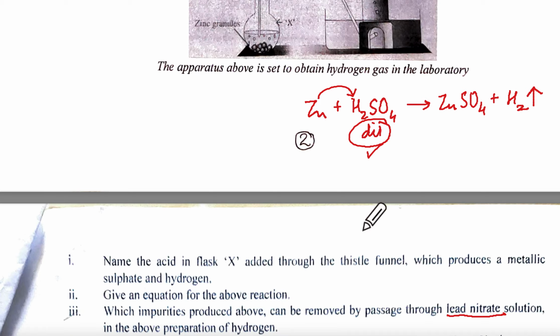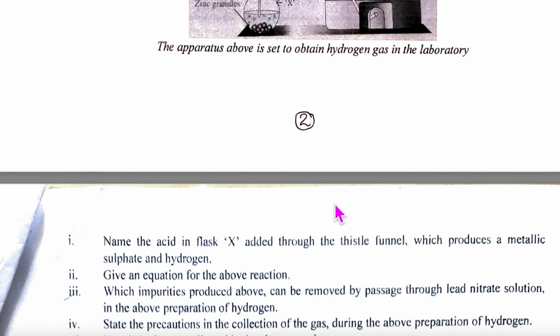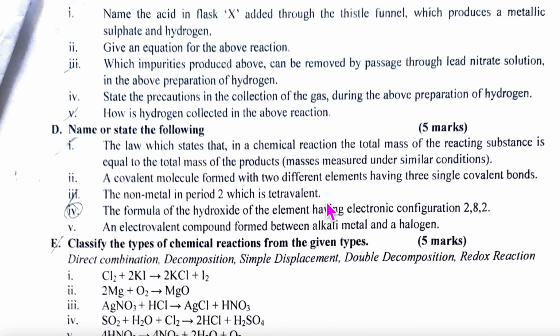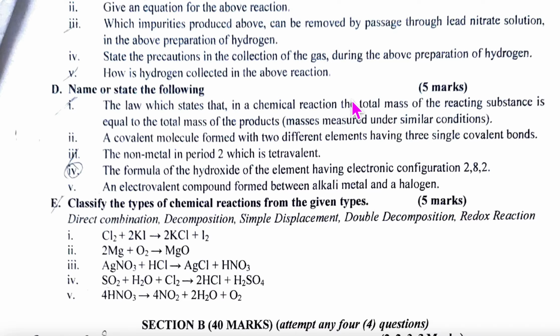Do you remember arsine, phosphine, H2S, CO2, SO2, moisture, so many impurities are there, right? So lead nitrate, what does it remove? If you don't remember, quickly open your textbook, check lead nitrate, what does it remove? Is it arsine, phosphine?